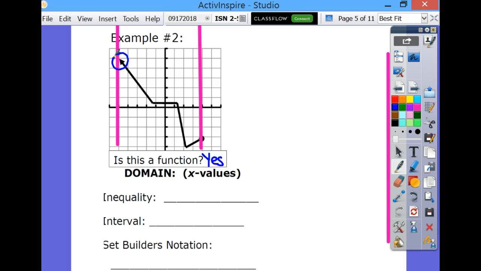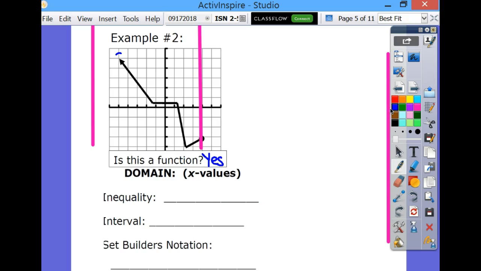That's an arrow. What does that mean, that it's an arrow? It keeps going. How far does it go? Does it go all the way off the graph? So move that line all the way off the graph. Does it keep going and going and going? How far does it go?